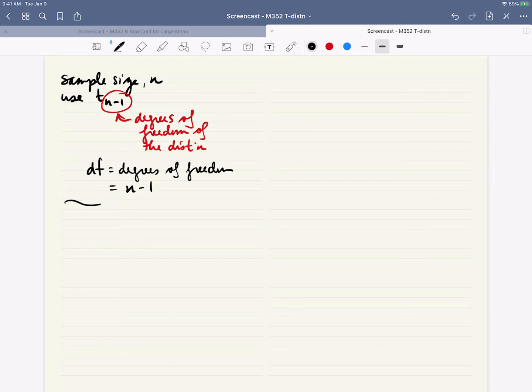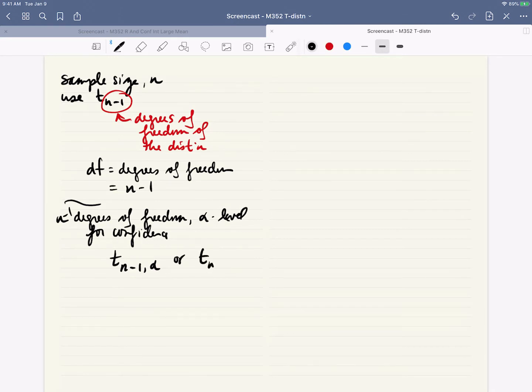So if you know your degrees of freedom and your alpha level for your confidence, then we will have this number t sub n-1 comma alpha, or t sub n-1 comma alpha over 2.